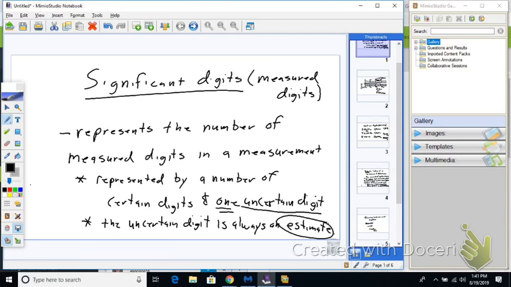Later on we'll get into zeros. So I have 2 stars below that talk about significant digits. When you write a number that's measured, it represents all certain digits and one uncertain digit, and that uncertain digit is your estimate. So you always stop at where you're uncertain.